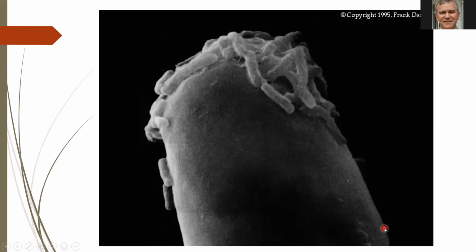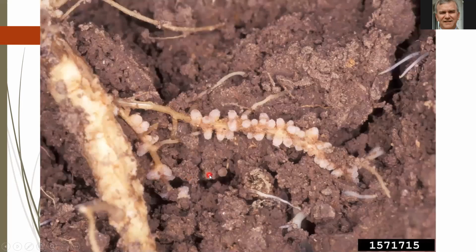This is also a micrograph of that process. Next slide. This is looking at the same thing, but at a magnification of a root hair and the nodules that are beginning to form on that root hair.